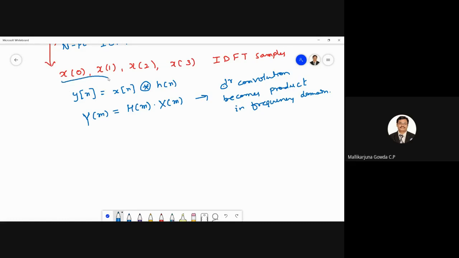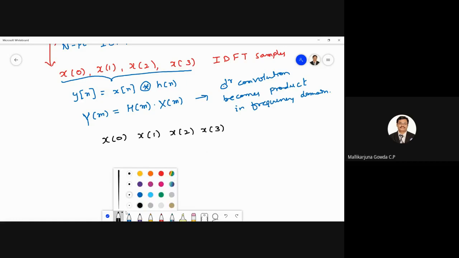So let us again consider this is my sequence. For these samples, I will be adding the prefix. So what is that prefix I can write? If I say x of 0, x of 1, x of 2, x of 3, I can take the last symbol, x of 3, and write it here.